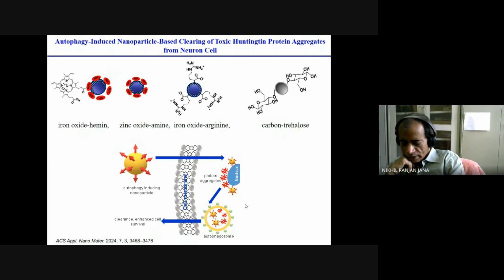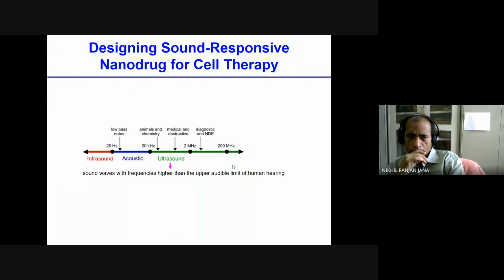Autophagy is a cell cleaning process. So once our nanodrugs are inside cells, they attach to aggregated proteins and remove those proteins from cells via autophagy.